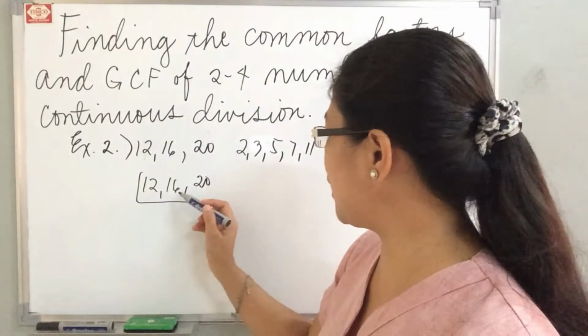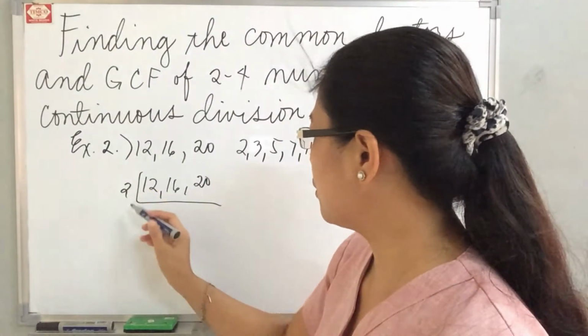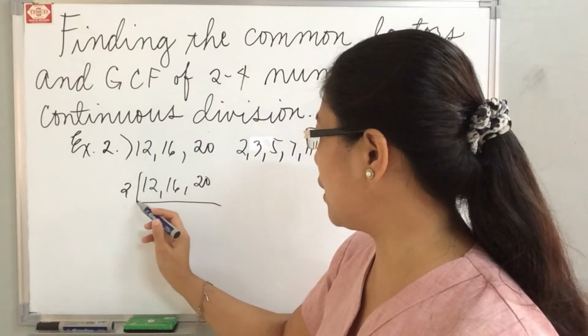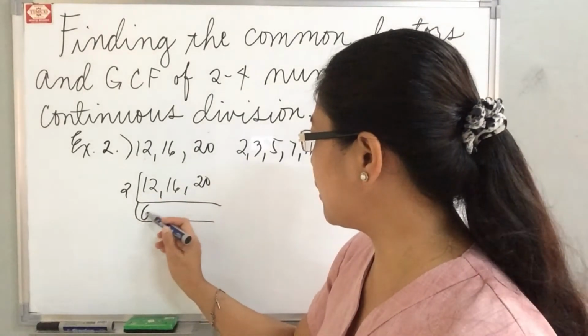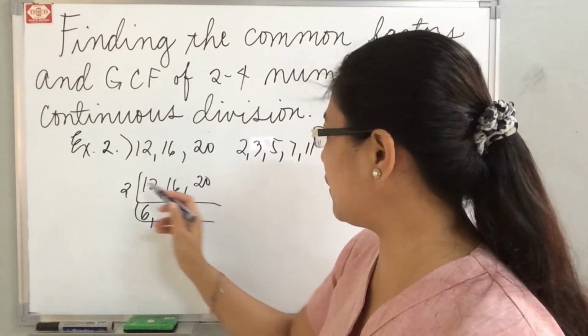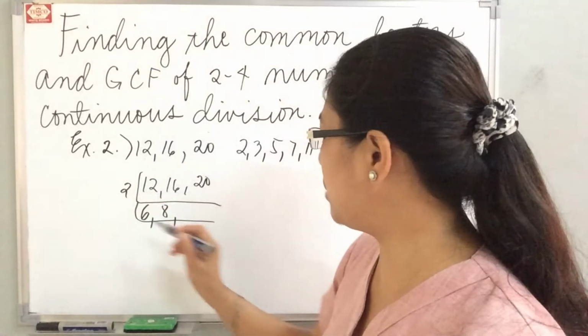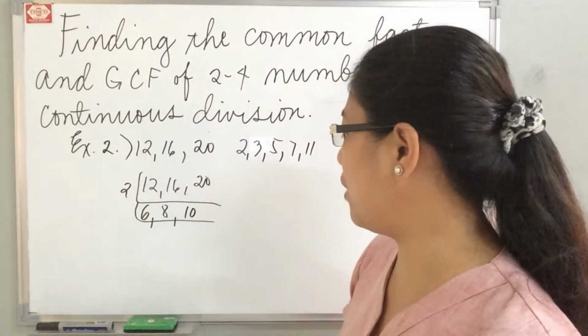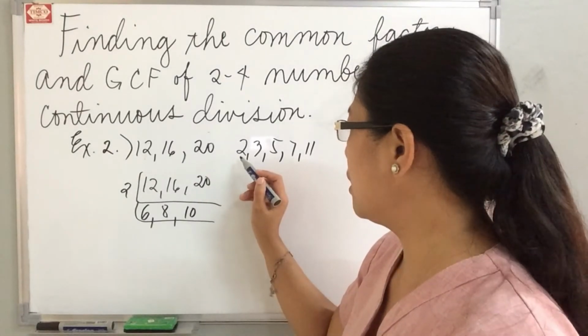Are 12, 16, and 20 divisible by 2? Yes. So, let's get 2 as our divisor. And then divide. 12 divided by 2 is 6. 16 divided by 2 is 8. 20 divided by 2 is 10.